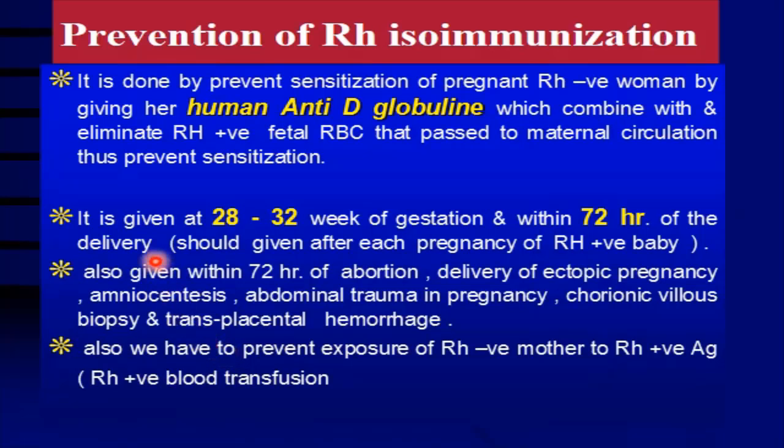So, prevention is by giving anti-D at 28 to 32 weeks of gestation and within 72 hours of delivery, abortion, and so on.